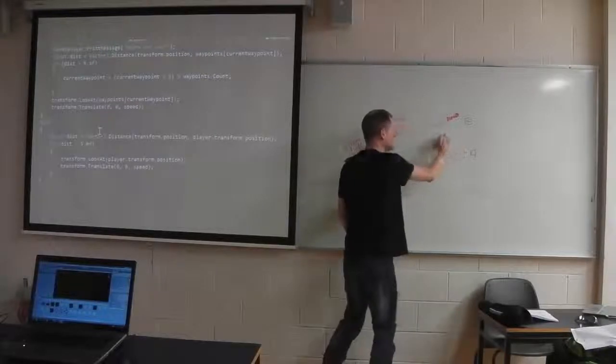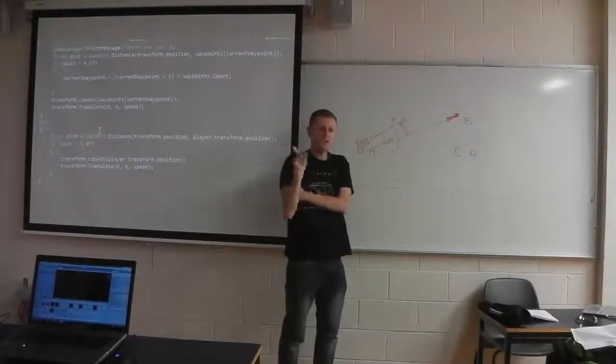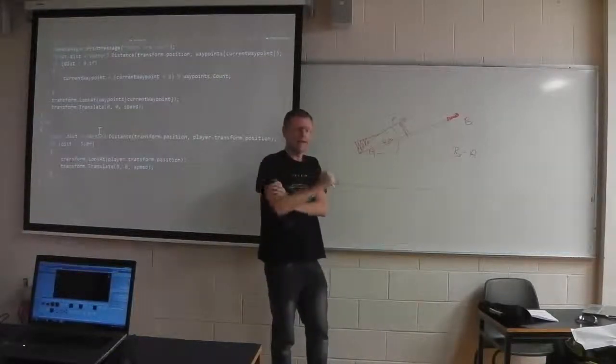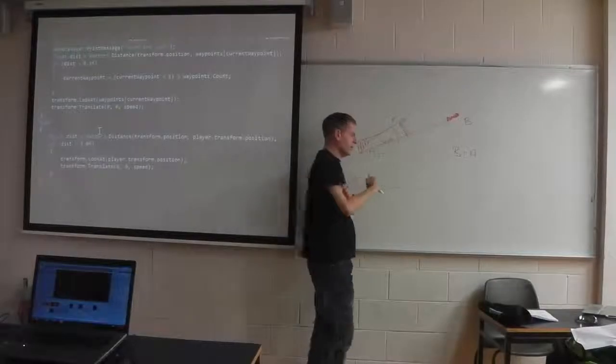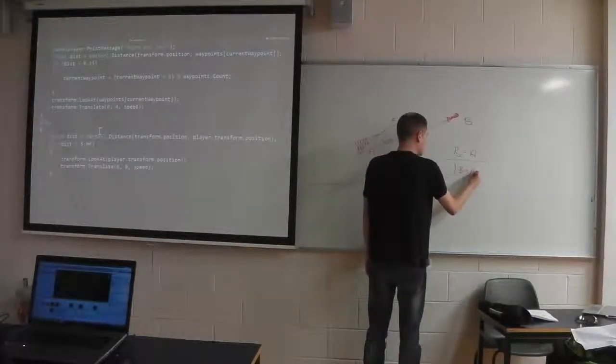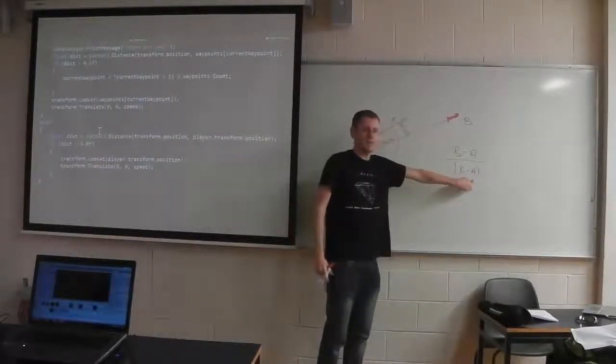If you just want to do in front of or behind and you don't want to bother with the inverse cosine, you don't need to normalize. Just the sign is all that really matters, right? But if you're actually calculating the angle, then you need to normalize. So we take B minus A over the length of B minus A. This is how you write the length of a vector, by the way.